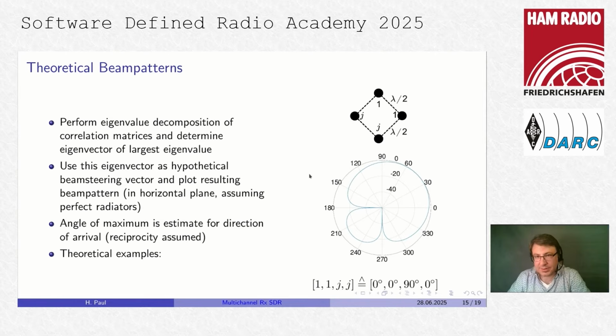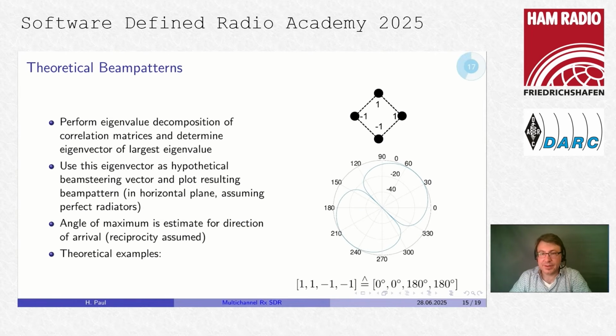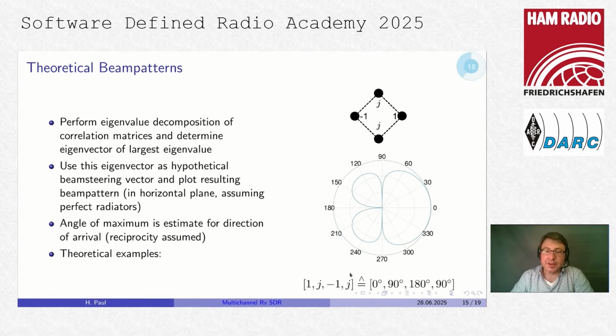So if we would find this phase difference, if this was the vector, the eigenvector that we get from our algorithm, this would correspond to this beam pattern. If we would get this beam pattern 1, j, j, and -1 here, this would correspond to this pattern.